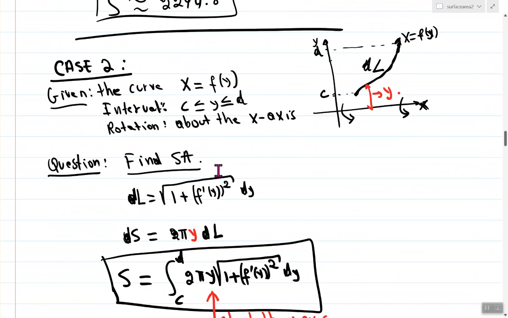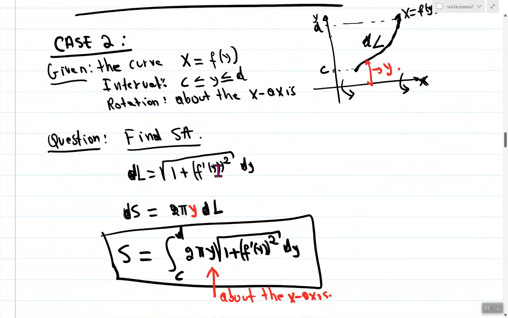So for case 2, this time we are given a curve that is given as x as a function of y, and the interval in terms of y also, but still the rotation is about the x-axis. So this curve is x equals f of y.